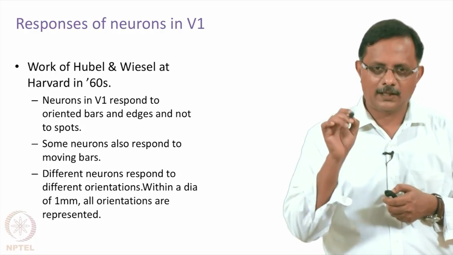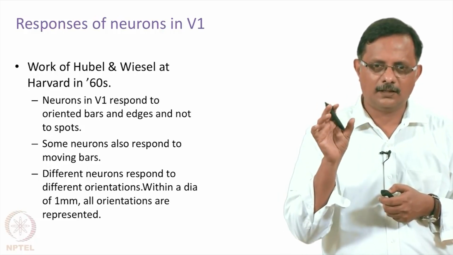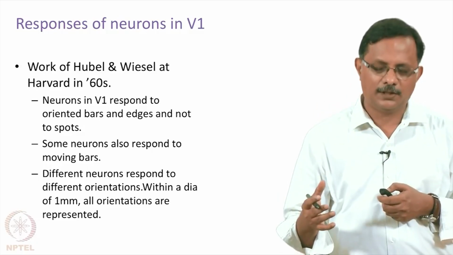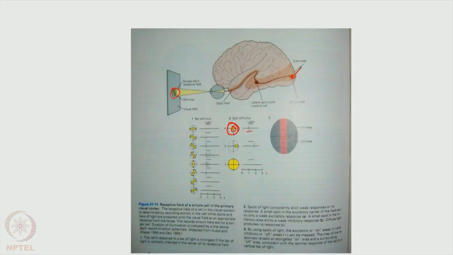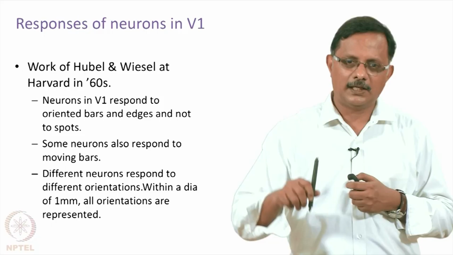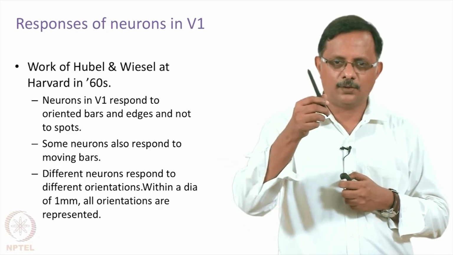Any dot-like pattern, a symmetric circular stimulus, failed to produce much response in the neuron. You could increase the size of the circle, but still not much response. On the other hand, when they showed a bar-like, linear pattern, it showed a significant response, particularly when the bar has a certain orientation.